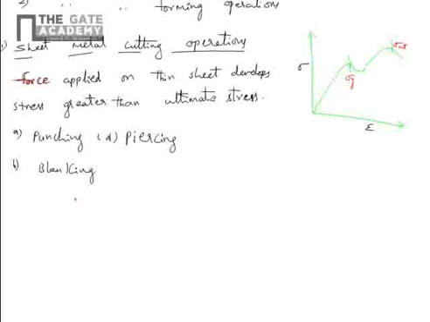Sometimes you may get 5 marks also, just on punching and blanking. If you know this topic clearly, you can solve questions worth 2-3 marks. In punching and blanking, both operations are similar.